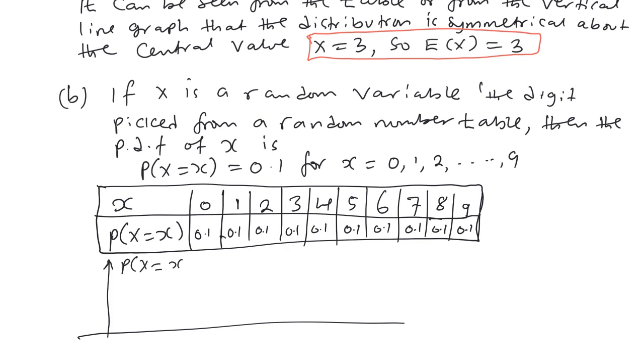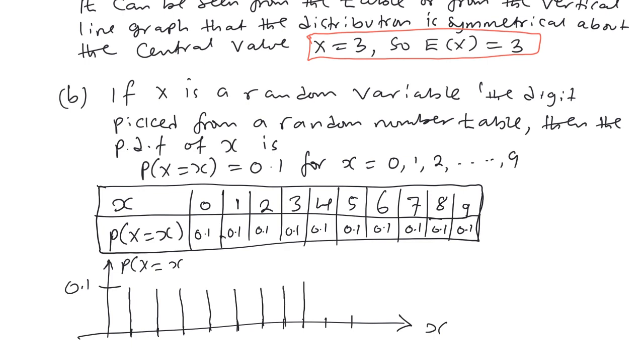Then the probability is the same, 0.1, for 0, 1, 2, 3, 4, 5, 6, 7, 8, 9. All values will have the same probability of 0.1. Every x is going to have a vertical line at 0.1.